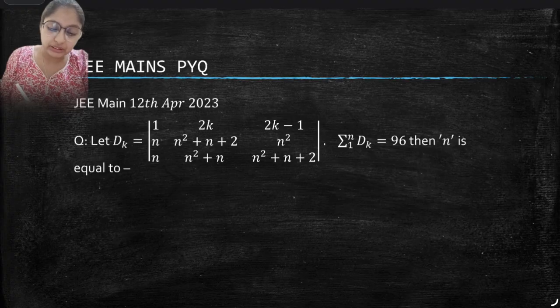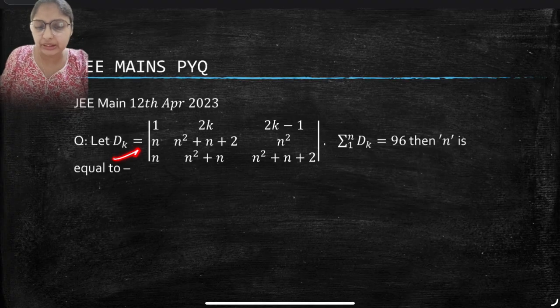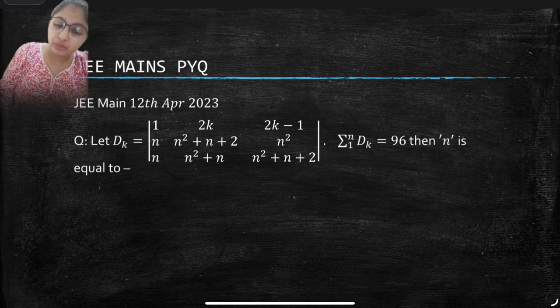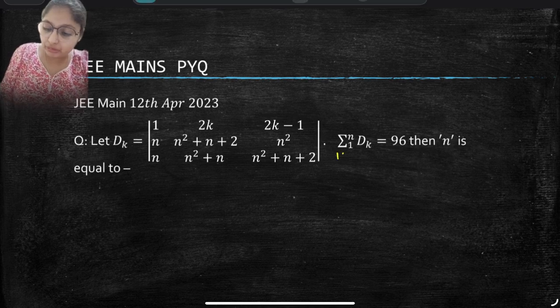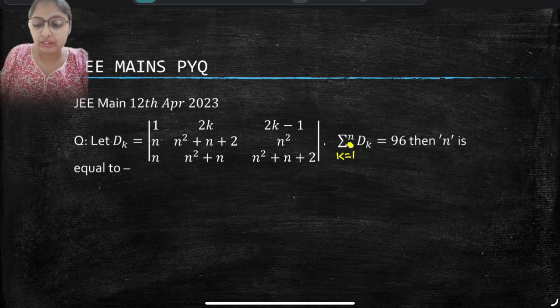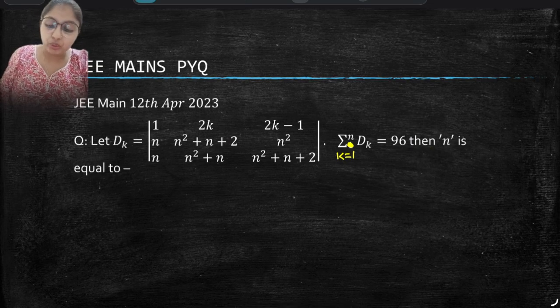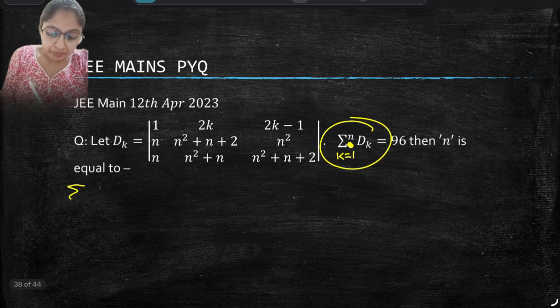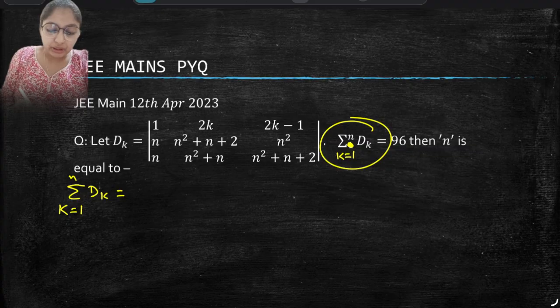What is given? We are given that D_k equals this determinant, and sigma k equal to 1 to n of D_k equals 96. Then we have to comment on n. So what do we know? We have sigma D_k. Sigma we can take in any row or column, but in the one in which we have k.